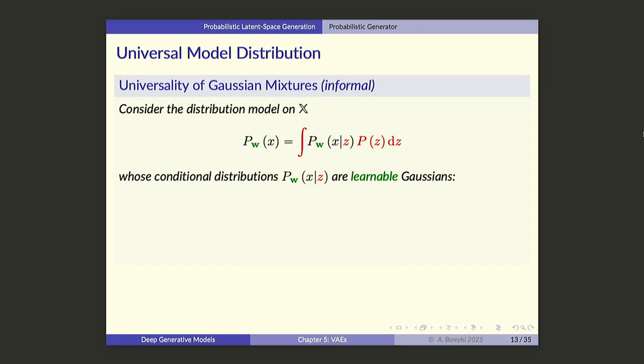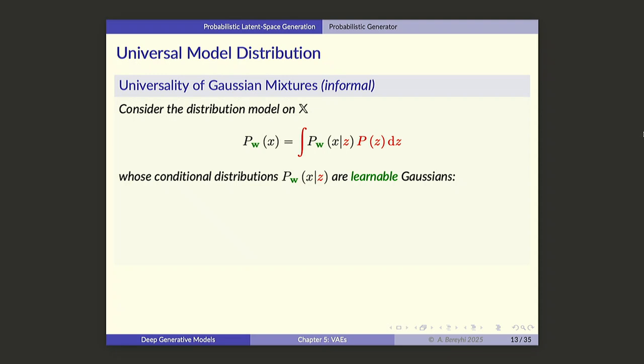What I put here is quite informal because there are lots of mild conditions that need to be satisfied for the distribution. But what we can say is that if I have this conditional Gaussian distribution, and I have any prior, so it really doesn't matter what the prior is. Of course, for some priors it's going to converge faster, but in general this prior p(z) is not really important.